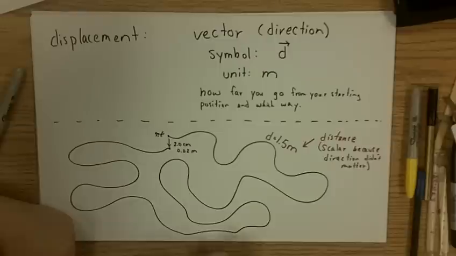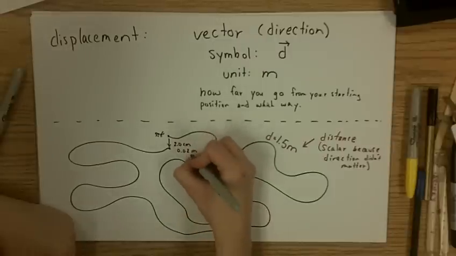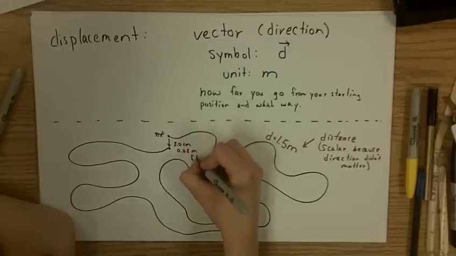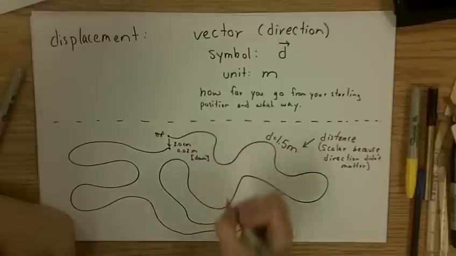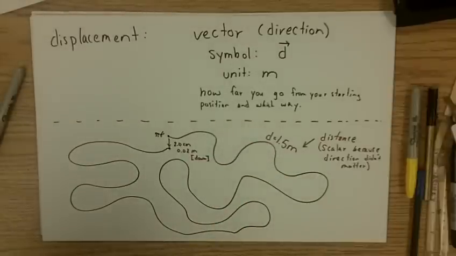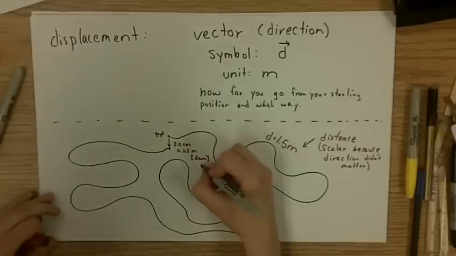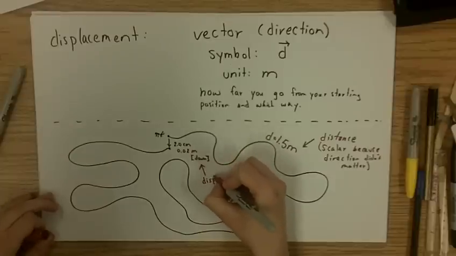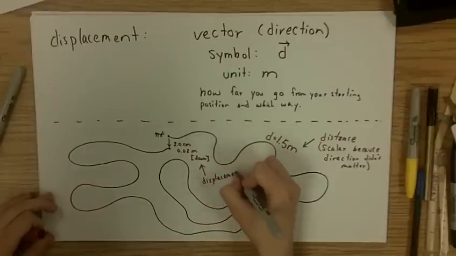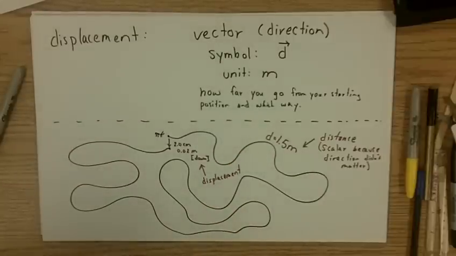And because displacement has a direction, we would say down. It's 0.02 meters down from where it started. This is displacement. It's how much it's been displaced from where it started.